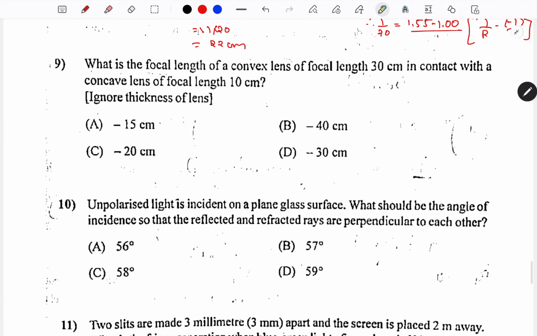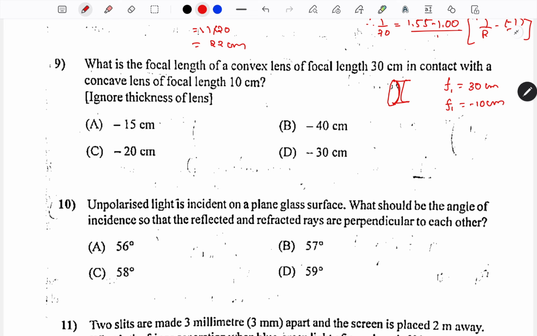Moving further, what is the focal length of a convex lens of focal length 30 centimeter in contact with a concave lens? Okay, so here one is a convex lens and the second one is a concave lens, and we have to find the focal length of this combination. For the convex lens we know that focal length will be positive, so 30 centimeter, and for the concave lens focal length will be negative, so minus 10 centimeter.